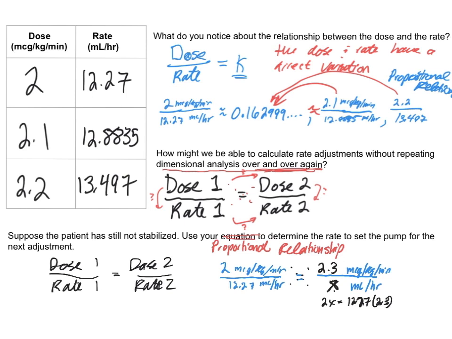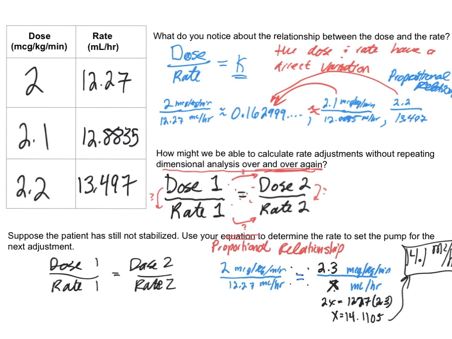But if we set this up and now we divide both sides by 2, you get 12.27 times 2.3, divided by 2, you get an exact value of 14.1105, which means if we round the pump, and we are setting an IV pump, this would be 14.1 mL per hour.